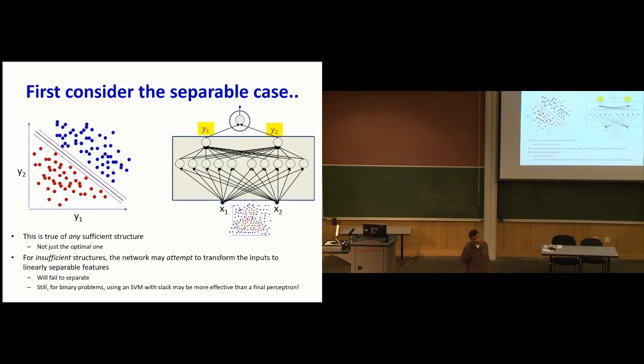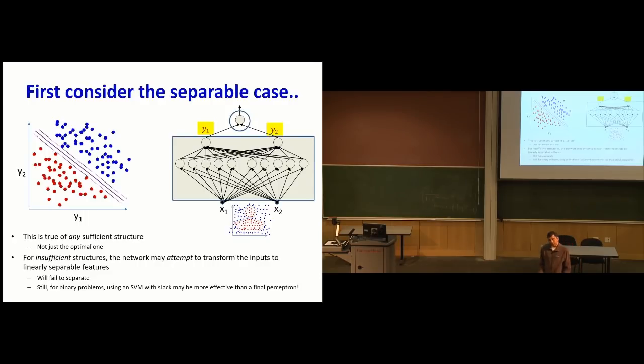But then, that intuition falls out differently also from what we've been talking about. What exactly would the network be doing if the structure were either insufficient or over-parameterized? It turns out that the final classifier is still a linear classifier. The final classifier is still being forced to perform linear classification.